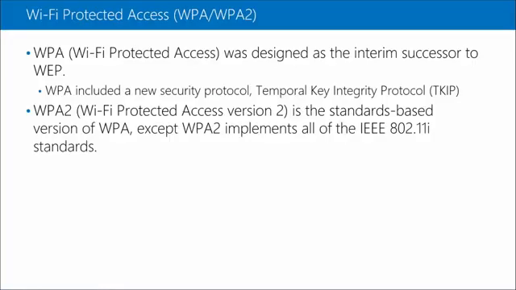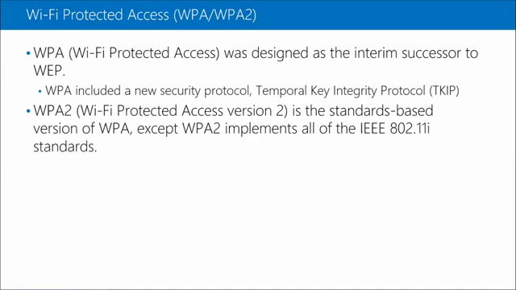WPA and WPA2, Wi-Fi Protected Access, was designed as an interim successor to WEP. It included a new security protocol, TKIP, Temporal Key Integrity Protocol. And then WPA2 is a standards-based version of WPA, except WPA2 implements all of the IEEE 802.11i standards.